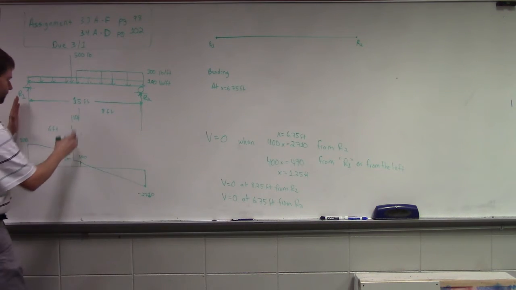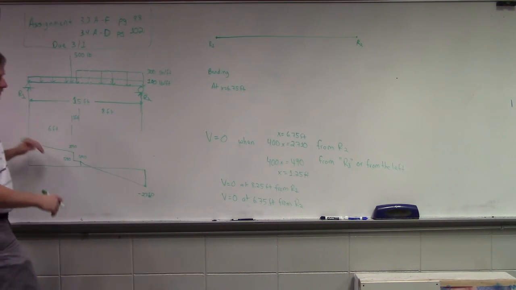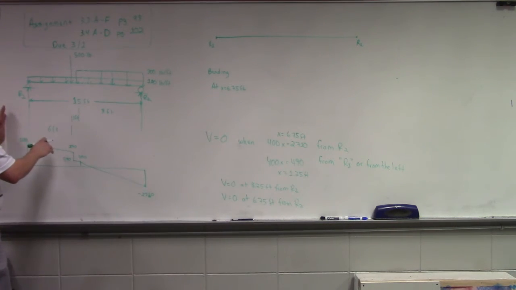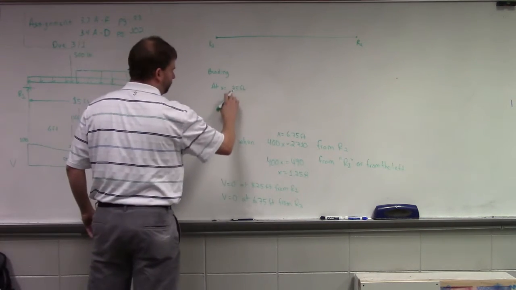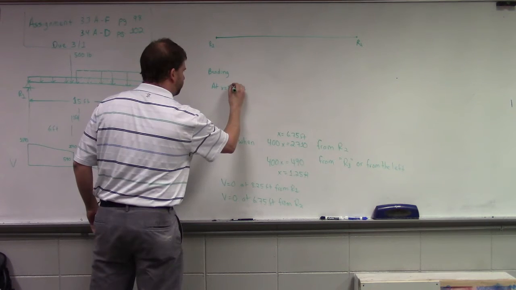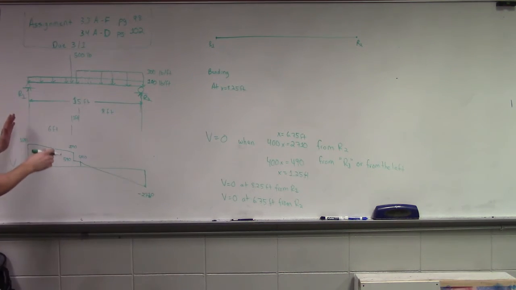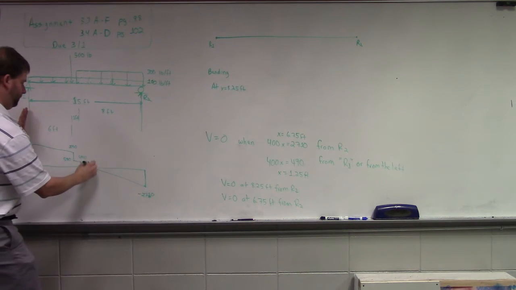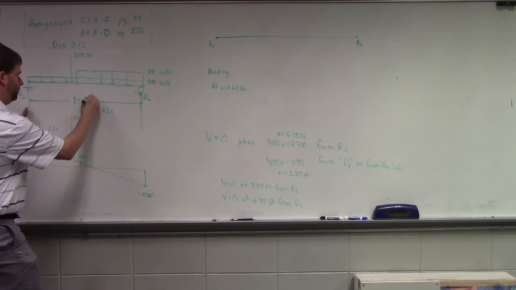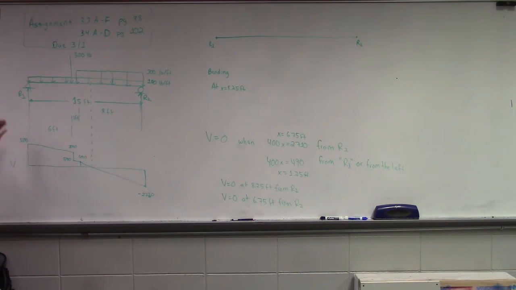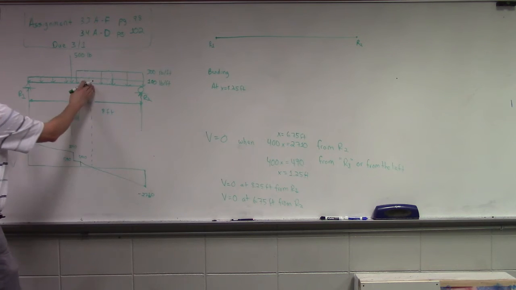So at x equals 6.75 feet, so let's see, no, we should do 8.25 to be consistent, right? Okay, so at 8.25 feet, what do we have acting? What's trying to rotate about that point? We're looking left to right.